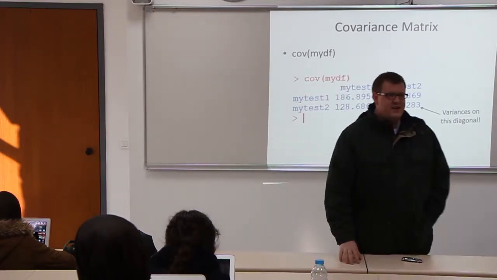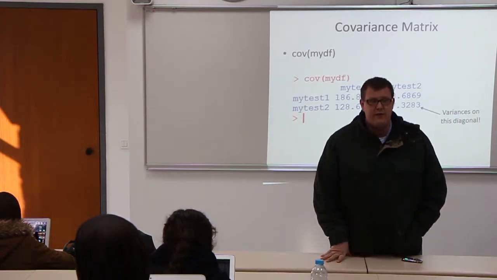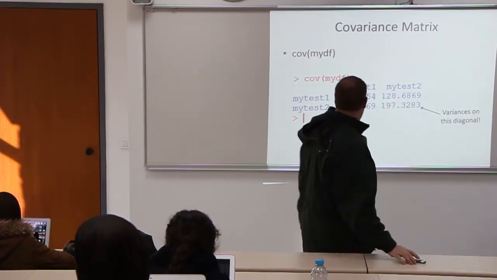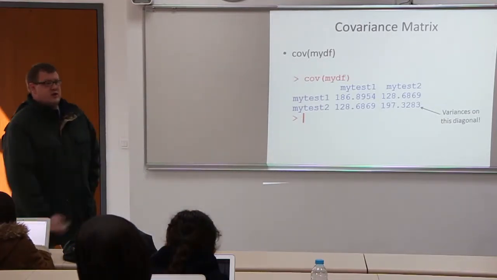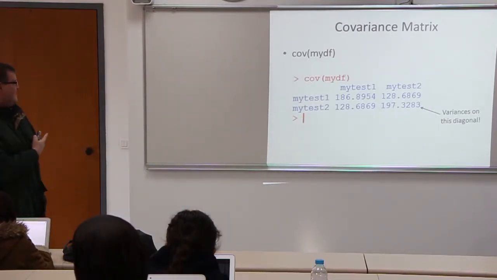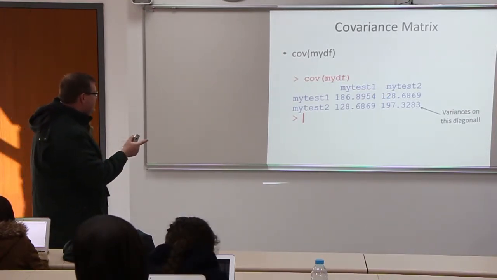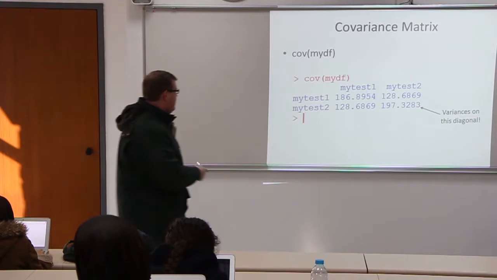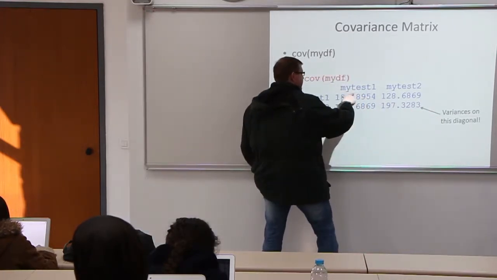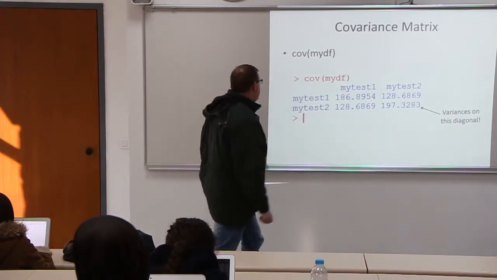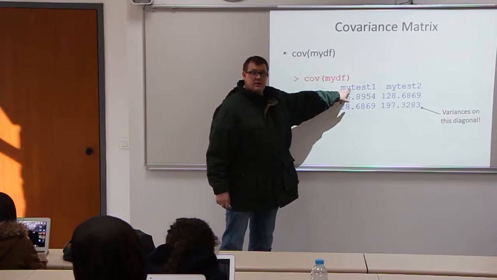In addition to finding correlation matrices, we can also find covariance matrices. So go ahead and do covariance, MyDF, and what do we find? Should get this, right? So what do we have? Well, it says that we have the variances on this diagonal. So this is the variance for our test 1 scores.